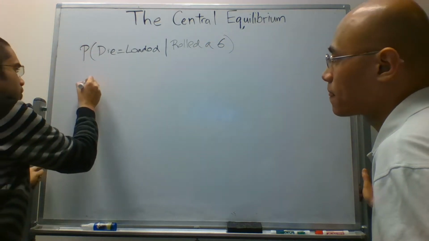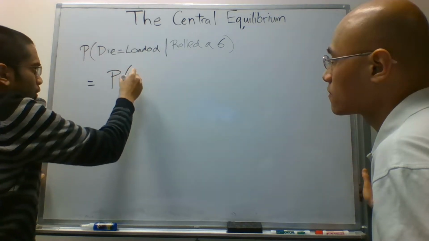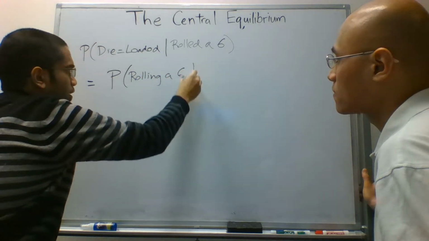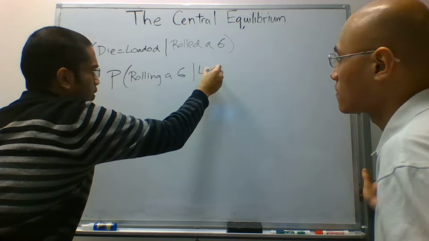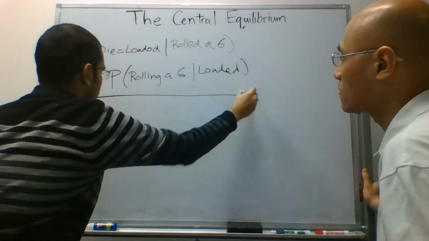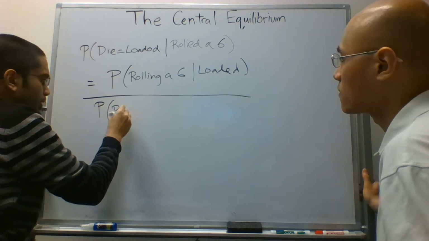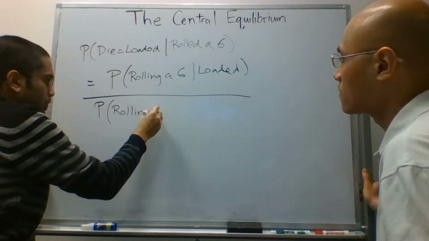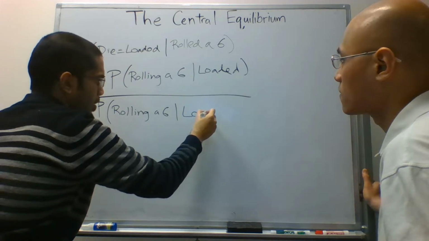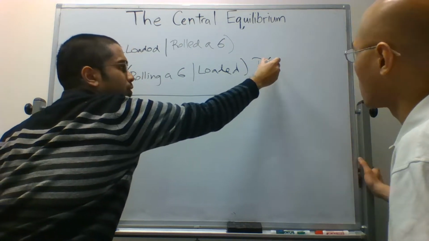So using Bayes' theorem, that should be the probability of rolling a 6 given that the die is loaded, over the probability of rolling a 6 given that it's loaded, and I forgot to write this down here, the probability of it being loaded.